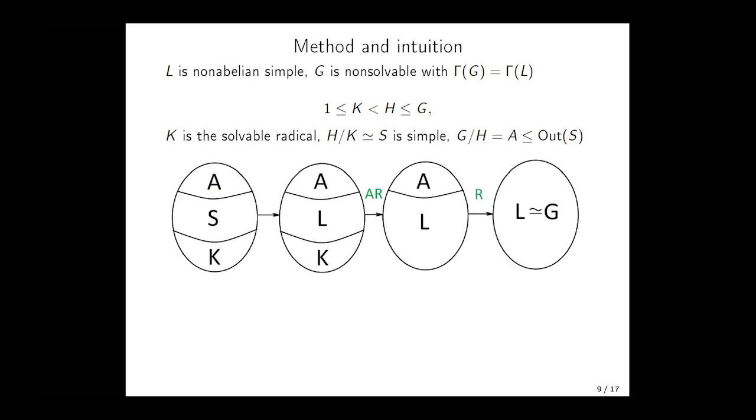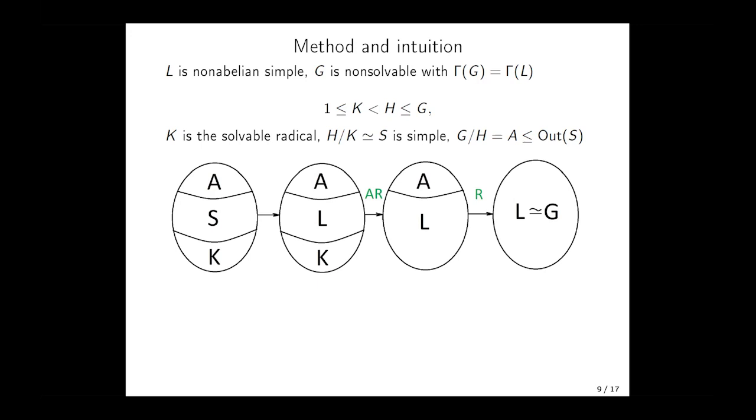There is a chain of subgroups: the trivial subgroup, K, H, and G, where K is the solvable radical, that is, a maximal normal solvable subgroup. H quotient by K is isomorphic to S, that is the socle, a simple group. And G quotient by H is just some subgroup of the automorphisms of S.